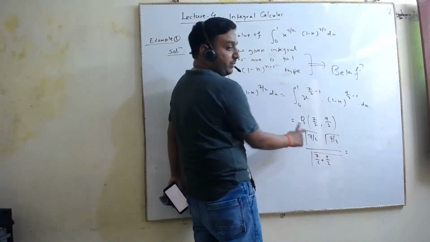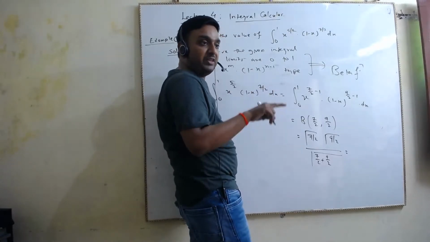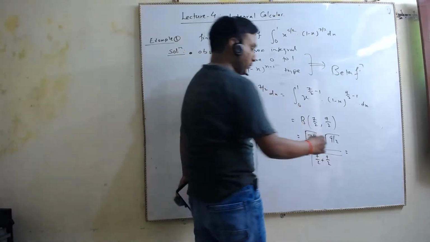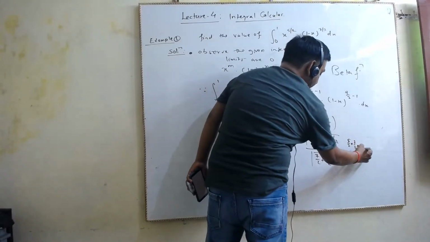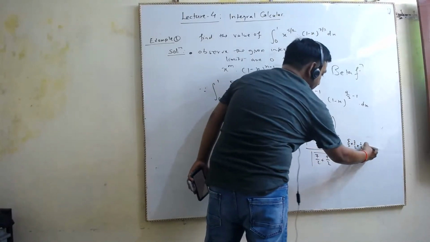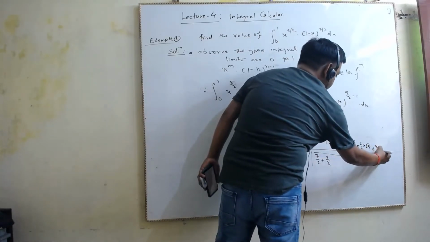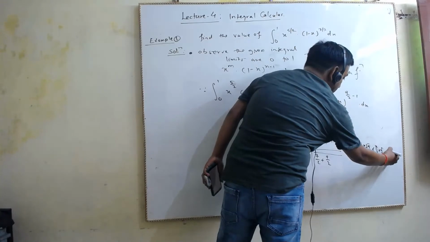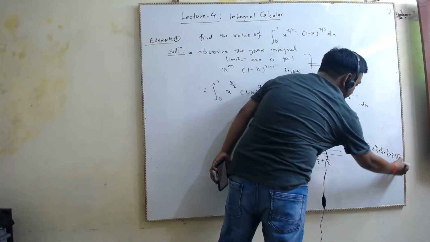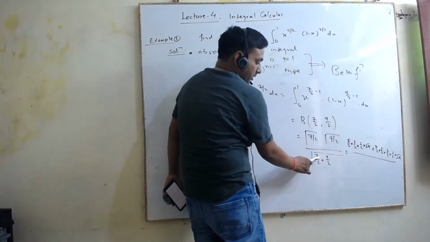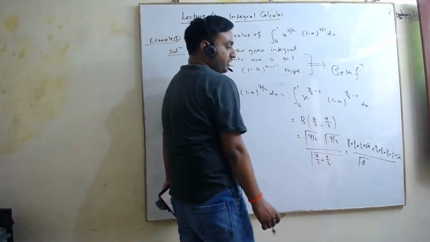Now if you open it, gamma 7 by 2 will be 5 by 2 gamma 5 by 2. Gamma 5 by 2 will be 3 by 2 gamma 3 by 2. So if you open this, it will be 5 by 2 into 3 by 2 into 1 by 2 into gamma half. This will be 7 by 2, 5 by 2, 3 by 2, 1 by 2 gamma half divided by gamma 8, right?